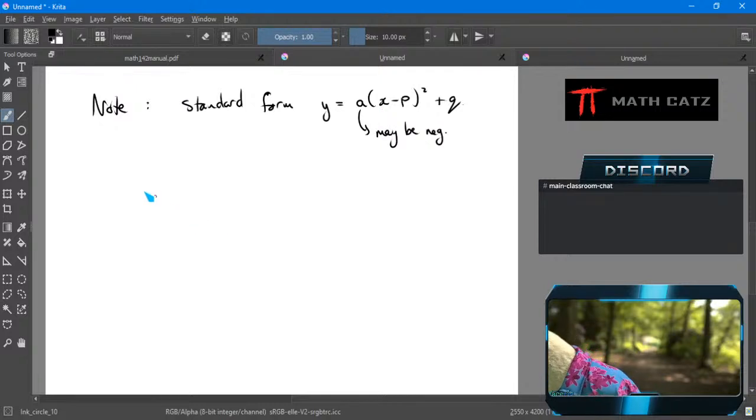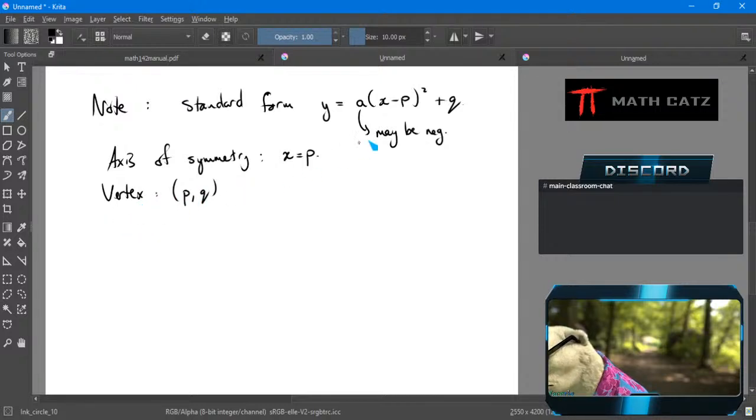We can find our axis of symmetry. When I have it in standard form, the axis of symmetry is very clear, the line x equal to p. The vertex is the point (p, q). Sometimes I call this the PQ form.